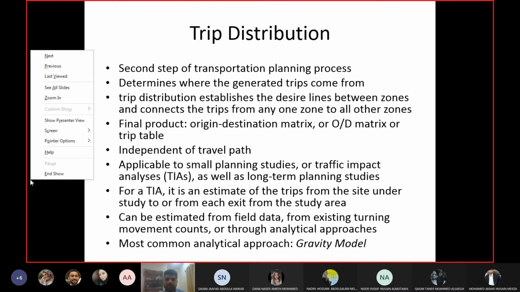We have many analytical approaches, many equations and models which we can apply to find out trip distribution. The most commonly applied is known as the gravity model, and we will discuss the gravity model in this chapter now.